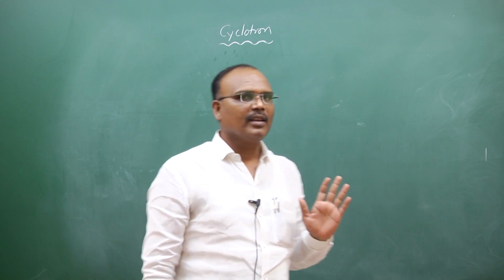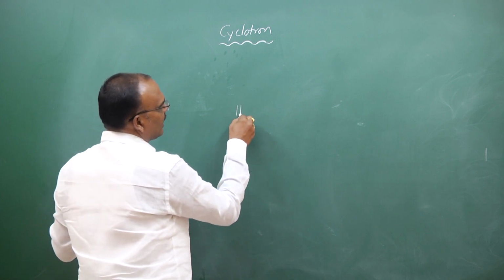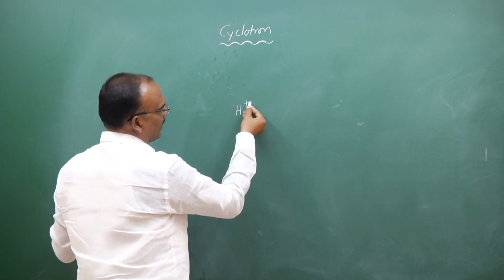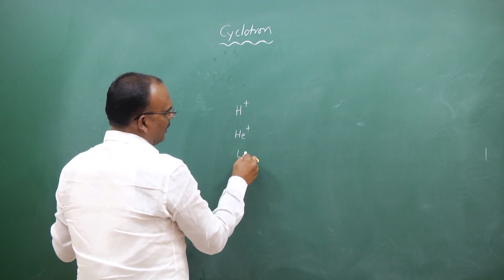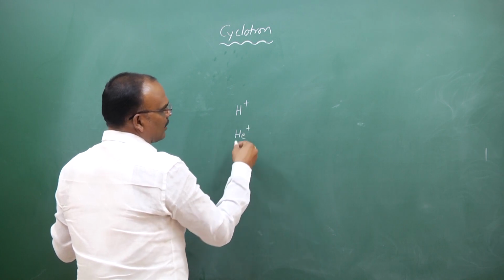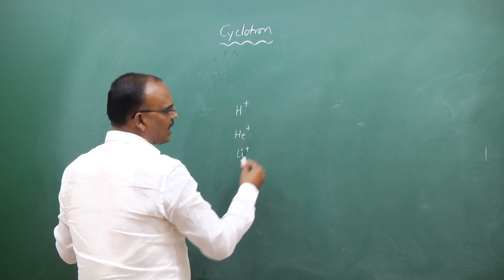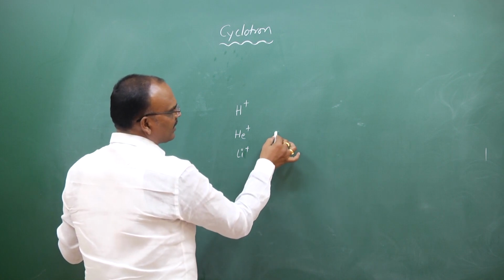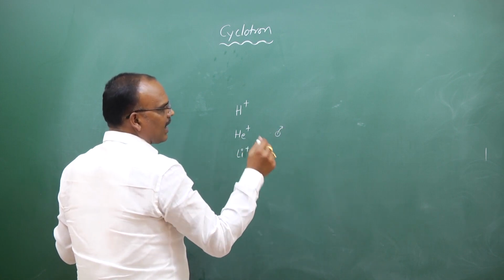Why? Because by using a cyclotron we are going to increase the kinetic energy of ions, for example hydrogen ion, helium ion, lithium ion. These are positive ions, and even for negative ions we can use it. An ion contains a nucleus, so it contains nucleons and has a considerable mass.